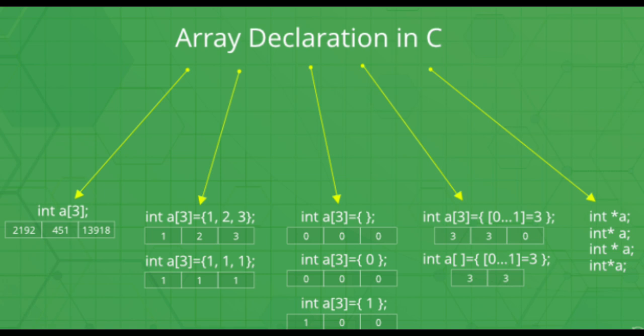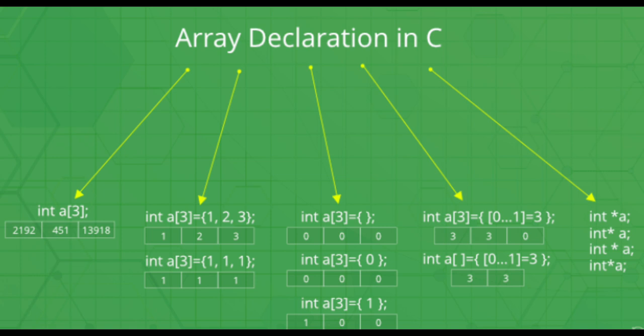And another way: when you do not give any values, what happens? You can see right there it stores the value 0. So in the array of size 3, the values 0, 0, 0 are stored when you're not giving any value, right?